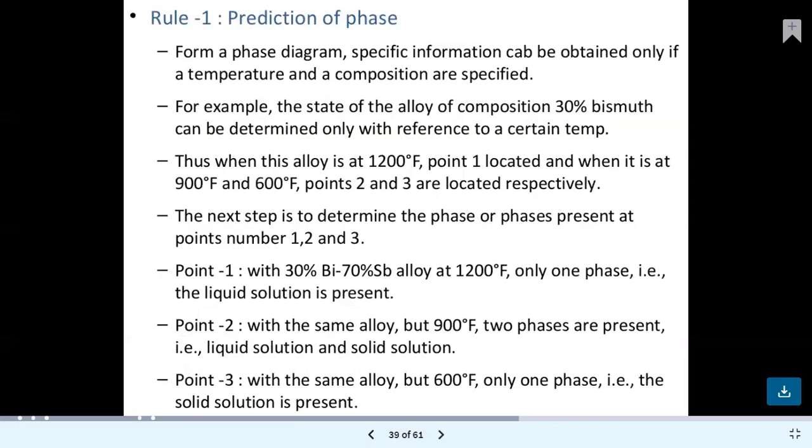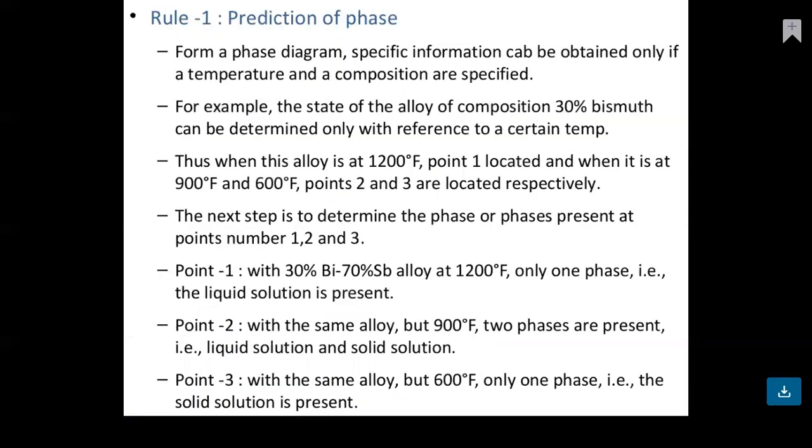Rule one, prediction of phases. From a phase diagram, specific information can be obtained only if a temperature and a composition are specified. For example, the state of an alloy of composition 30% bismuth can be determined only with reference to a certain temperature. Thus, when this alloy is at 1200 degrees Fahrenheit, point 1 is located, and when it is at 900 and 600 degrees Fahrenheit, points 2 and 3 are located respectively.